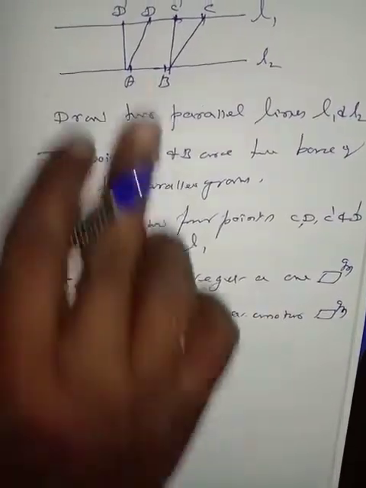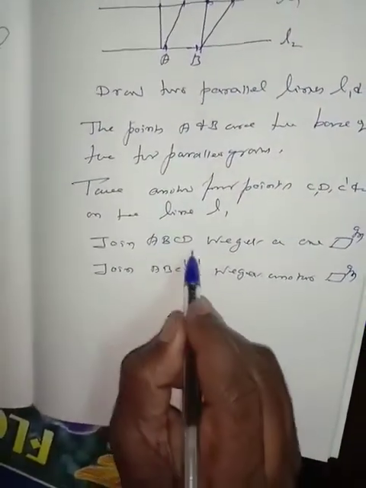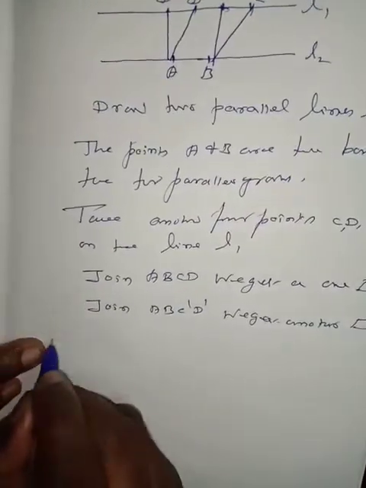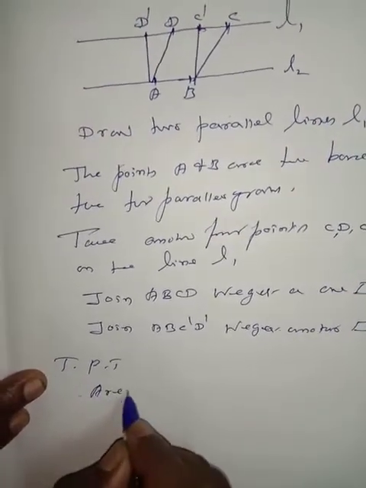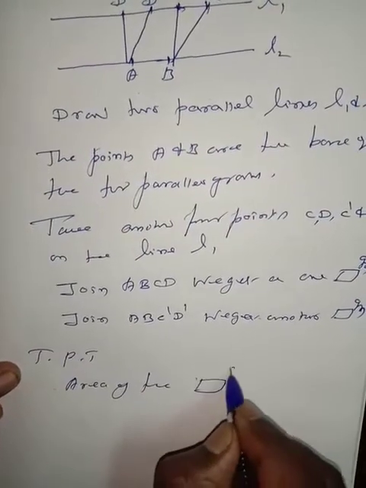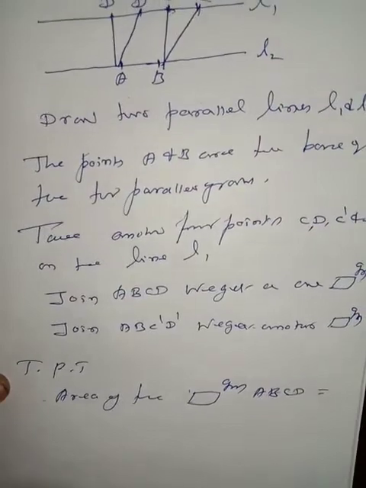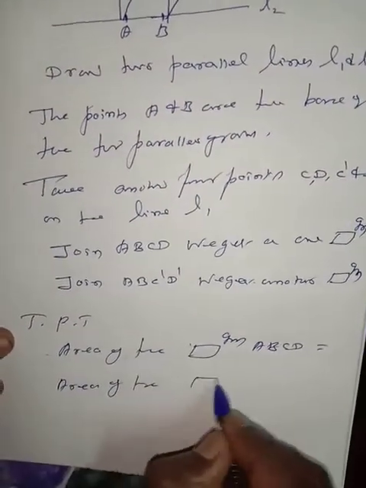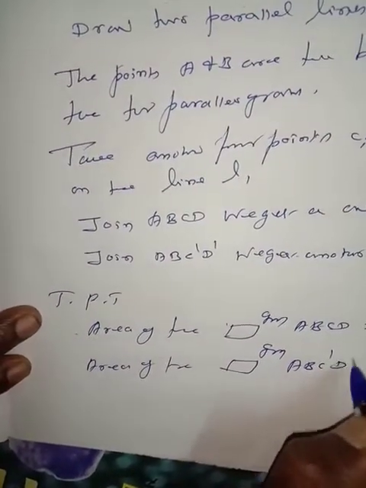The area of the two parallelograms are equal. To prove that the area of the two parallelograms ABCD and ABC dash D dash are equal, that is, area of the parallelogram ABCD is equal to area of the parallelogram ABC dash D dash.